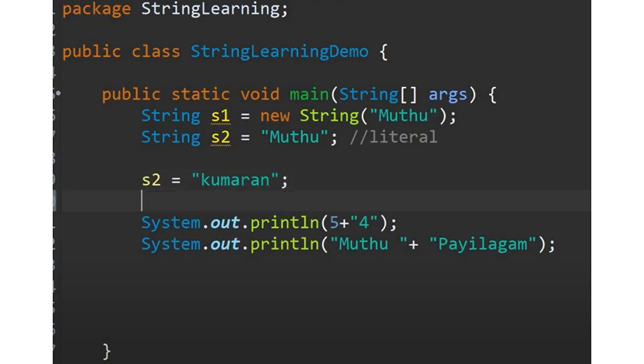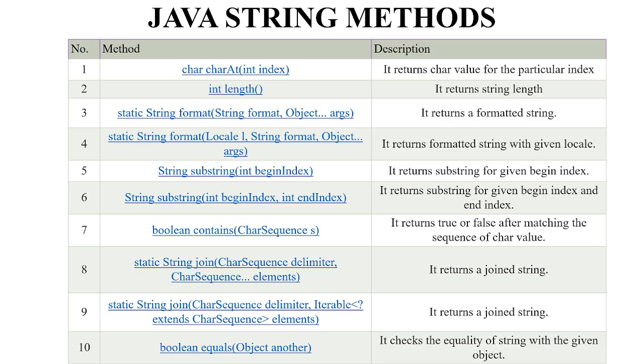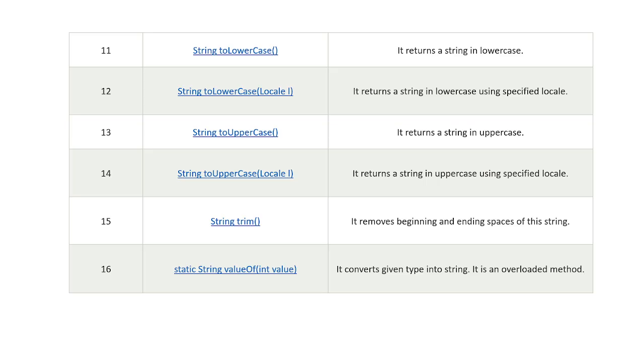System.out.println(5 + 4) and System.out.println("Muthu" + 11). This is the way to access string methods. Here is an example list of string methods: charAt, length, boolean contains, join, toUpperCase, toLowerCase, and toLowerCase with locale to specify the location. And trim.